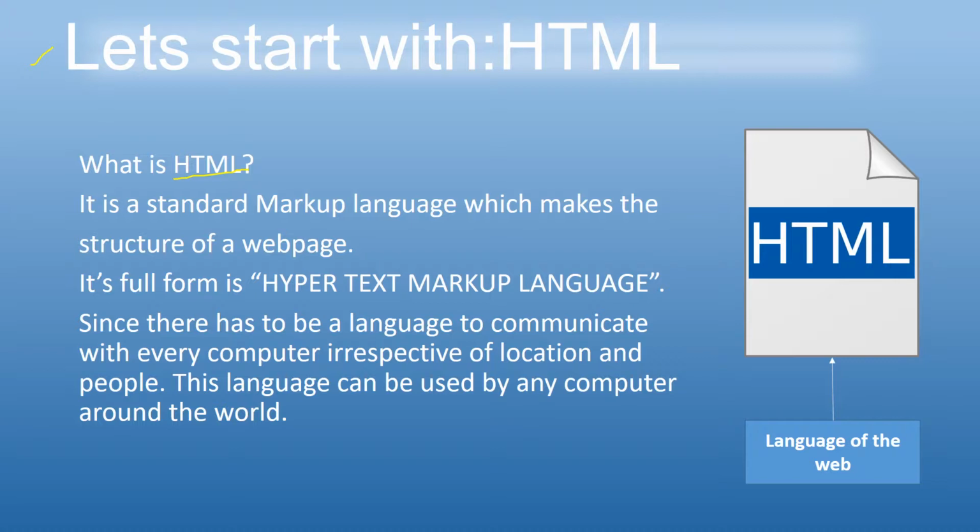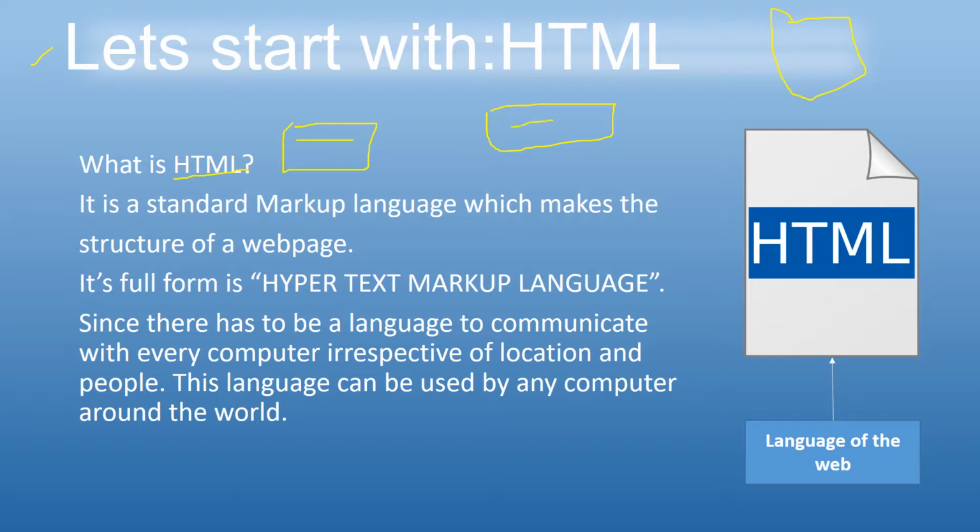It is a standard markup language which makes the structure of a web page. Its full form is hypertext markup language, since there has to be a language to communicate with every computer, irrespective of location and people. This language can be used by any computer around the world. It is better known as the language of the web. Let's say someone is opening the website here, someone here, and someone here.